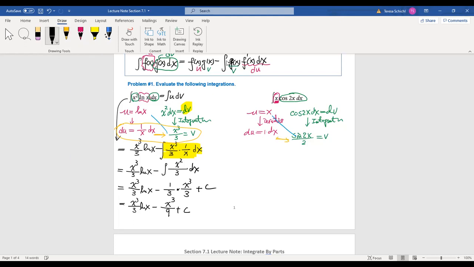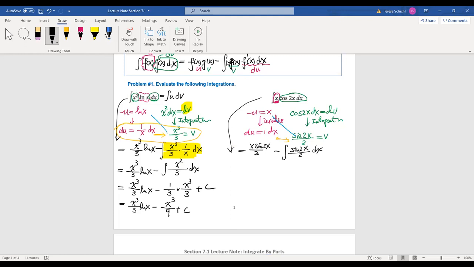You color code that, so I know this is going to be uv, x sine 2x over 2, then minus the integral of v du, so it's minus the integral of sine 2x over 2 dx.